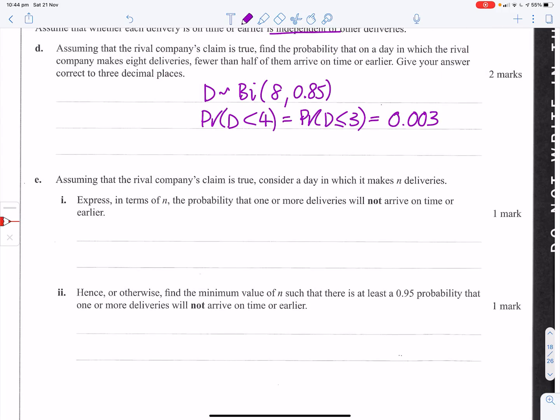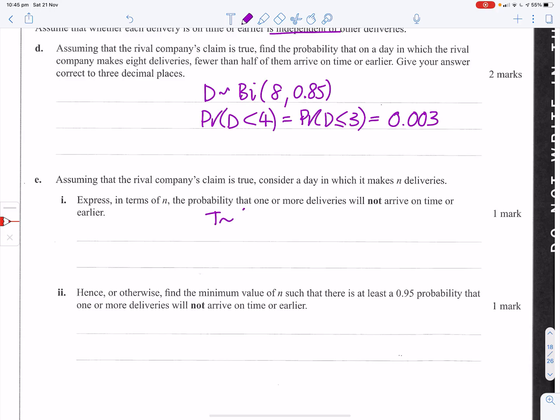Assuming the rival company's claim is true, consider a day in which it makes n deliveries. Express in terms of n the probability that one or more deliveries will not arrive on time or earlier. So let's call it T for true.